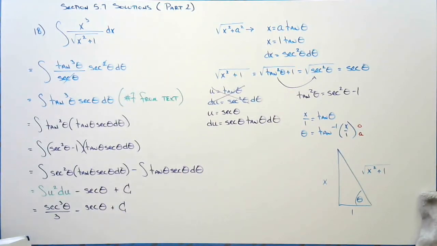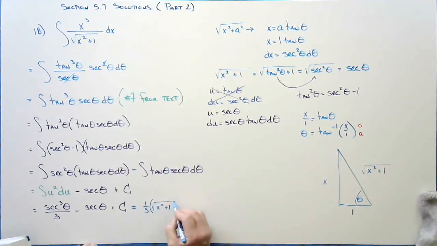And now finally, we're ready to come over here and rewrite this. We have 1/3 secant cubed. Secant is hypotenuse over adjacent, right? So our hypotenuse is the square root of x squared plus 1, and our adjacent side is 1.